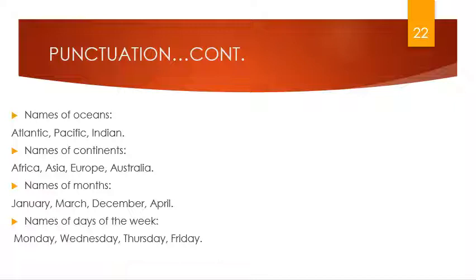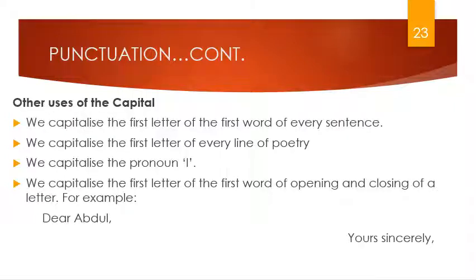Names of months also start with a capital letter, like January, March, December, April, and so on. Names of days of the week, like Monday, Wednesday, Thursday, Friday, are also written using capital letters at the beginning of the words.